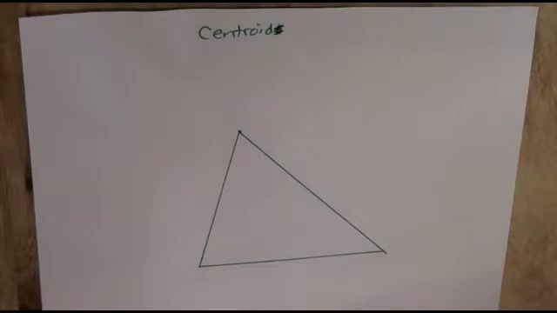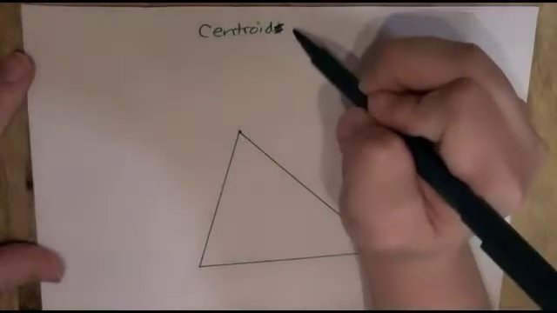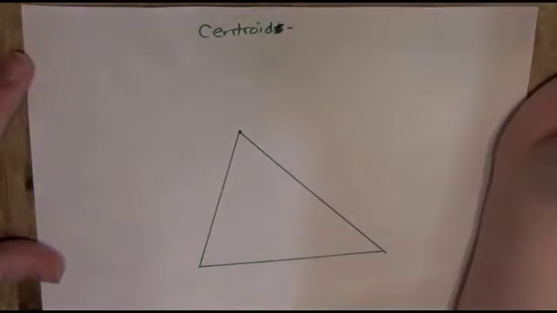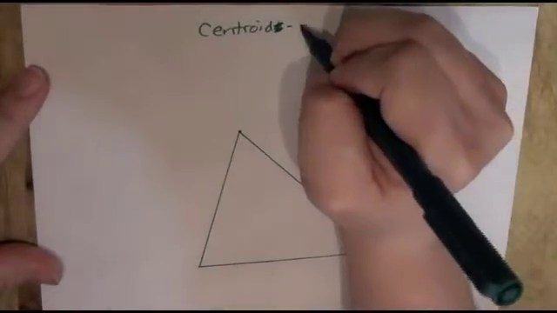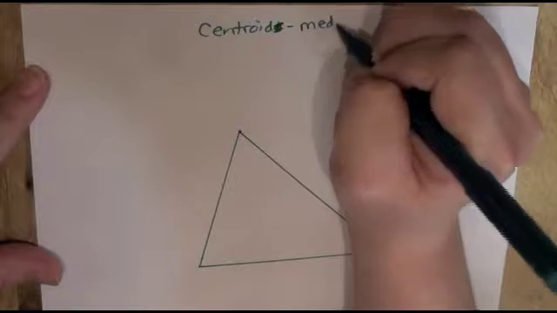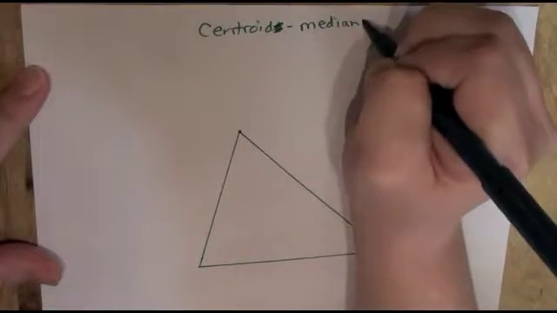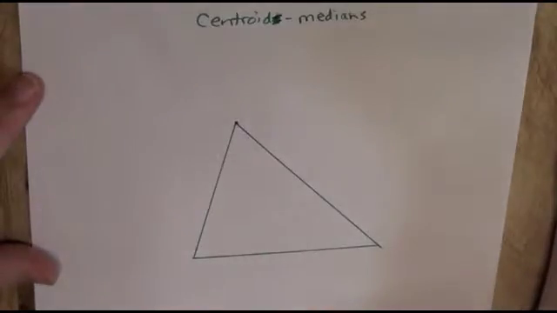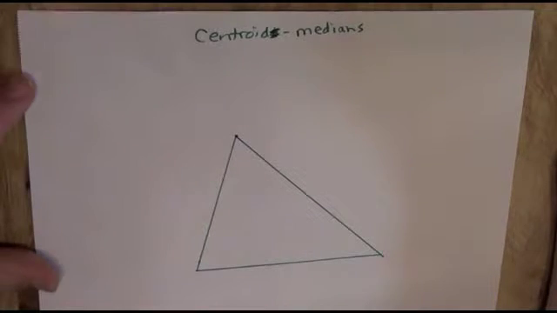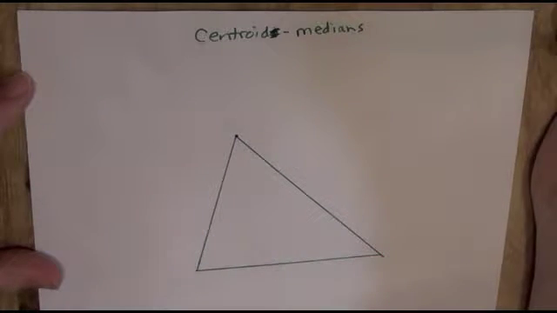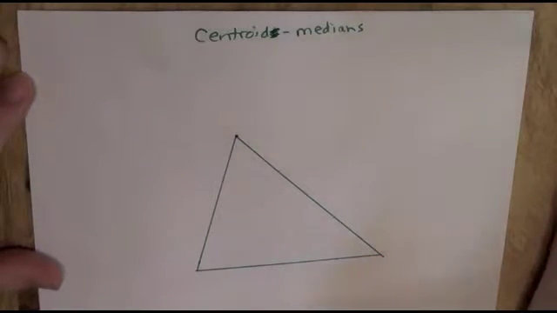We will be constructing the centroid of the triangle, and something important to remember is that a centroid is the point of concurrency of the medians. Now, the trick with the median is that a median by itself is fairly complicated to construct.